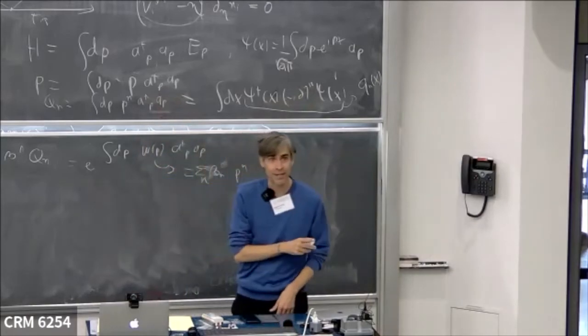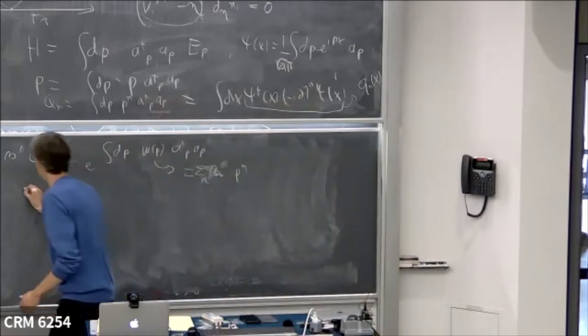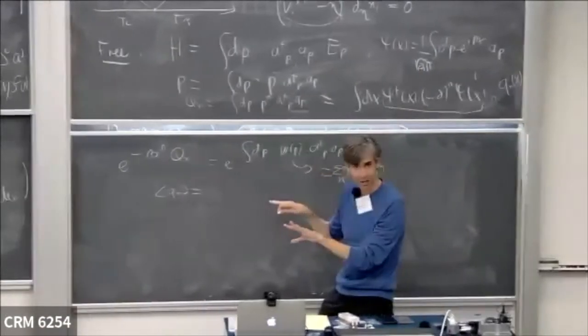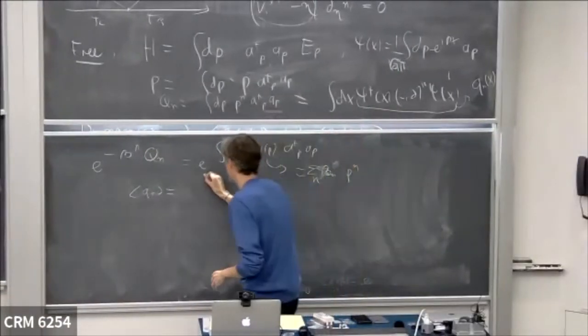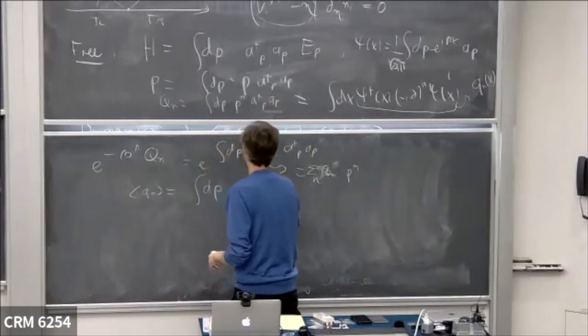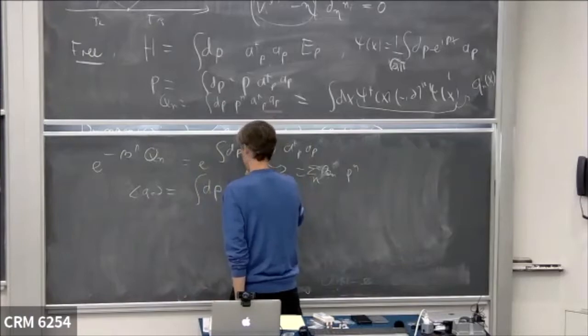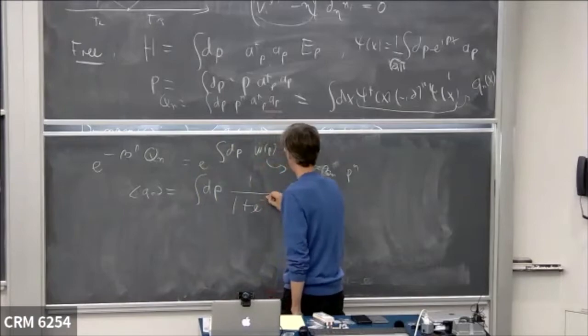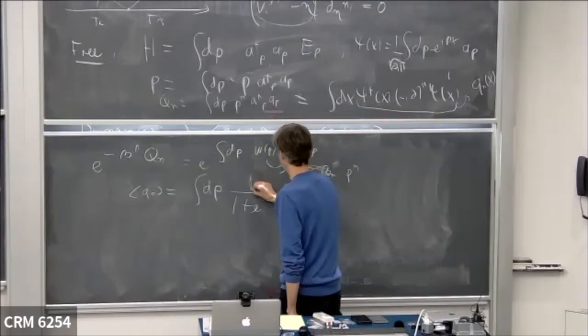Now the question arises. I can calculate all these averages of Q_n. It's simple to evaluate, just Wick's theorem and all that. There's an answer you can write explicitly. It should be the integral dp, with a Fermi factor, 1 over 1 plus e to the minus w of p, and there's a p to the n.